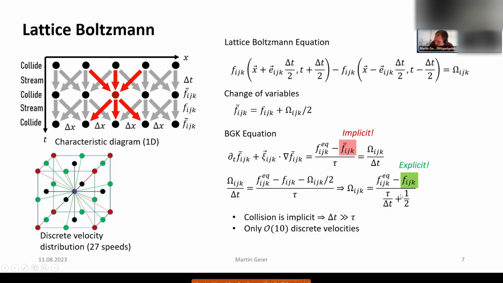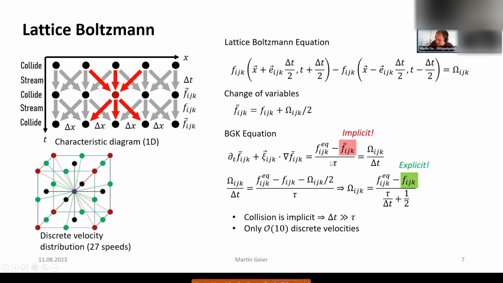And by this, I change the physical mean free time to a discrete mean free time, tau by delta t plus 1/2. This is the magic step that makes it asymptotic preserving, because with this change of variables, it is now allowed to have delta t much larger than tau.